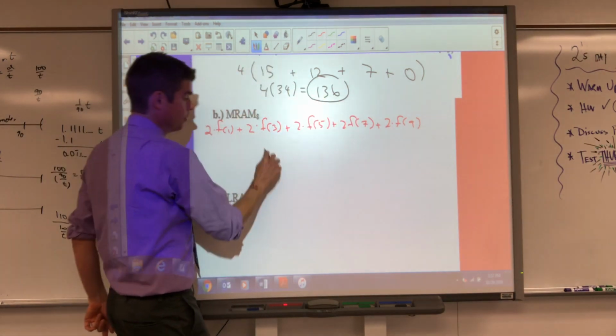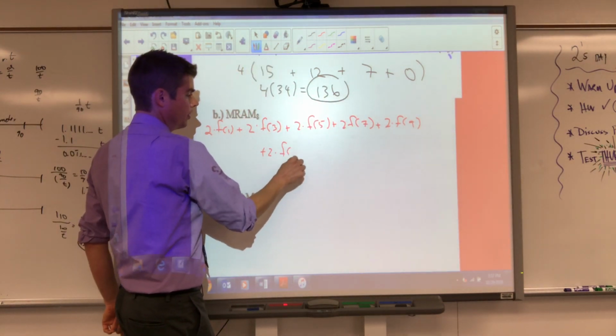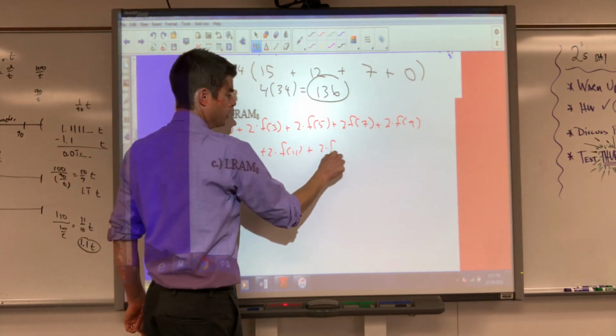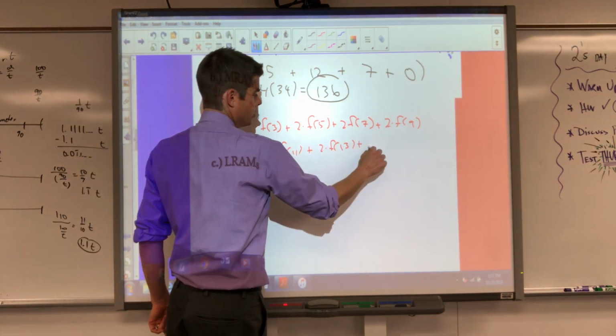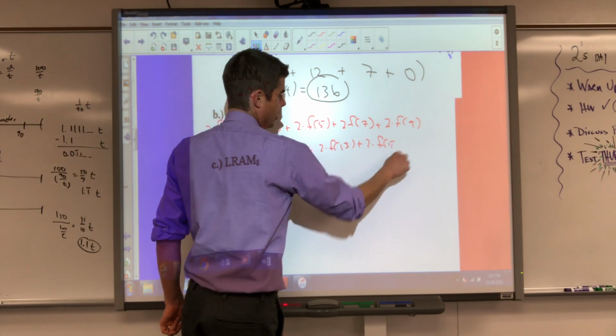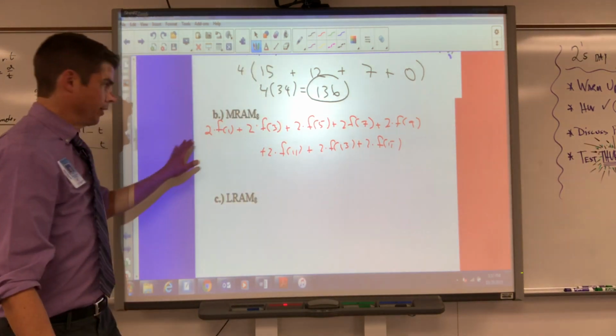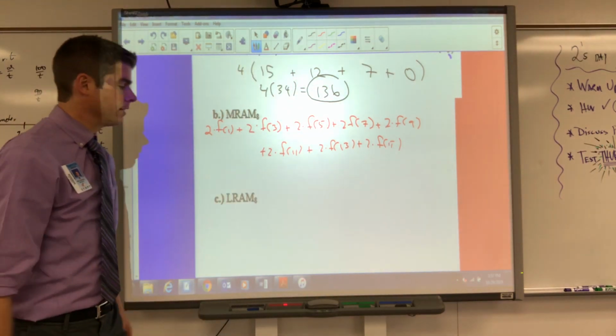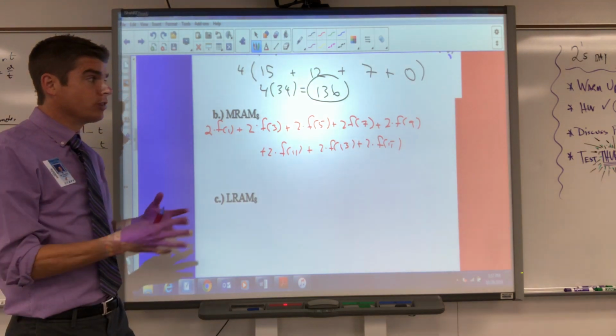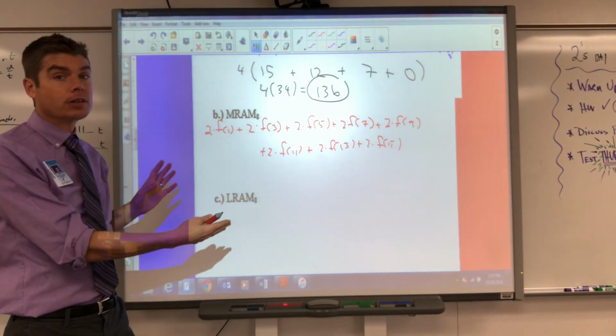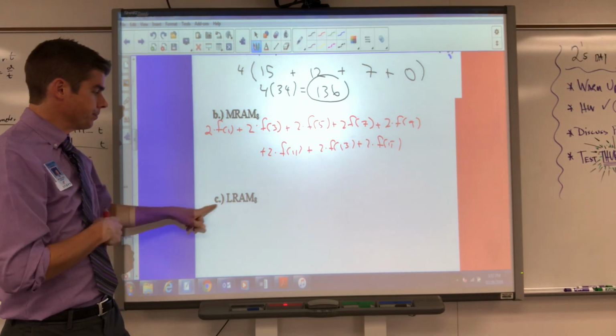See, it's very tedious. Plus 2 times f of 11, plus 2 times f of 13, plus 2 times f of 15. And again, you could calculate those. I'm okay with just leaving it like this for now. Just again, demonstrating what MRAM might look like for this particular example.